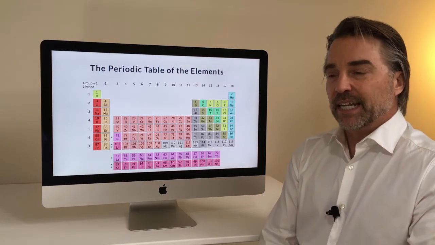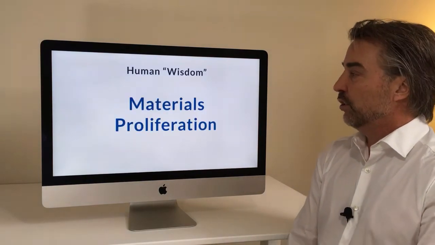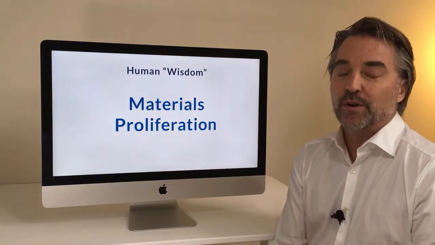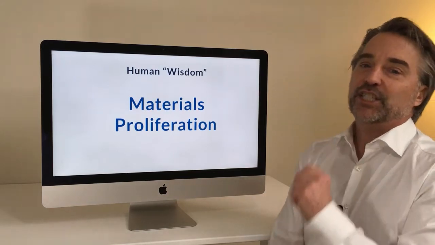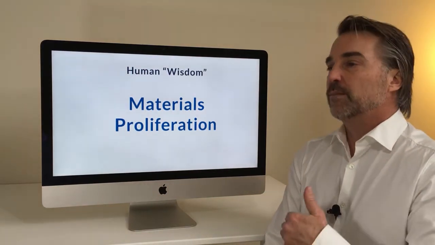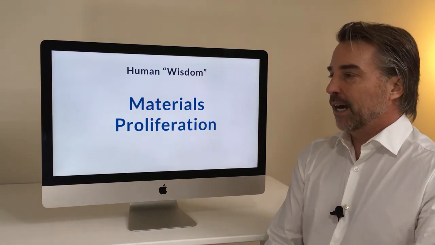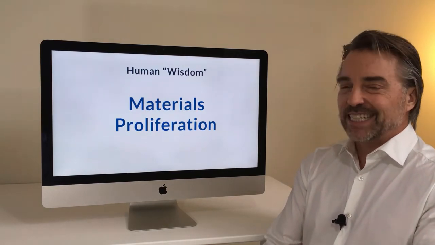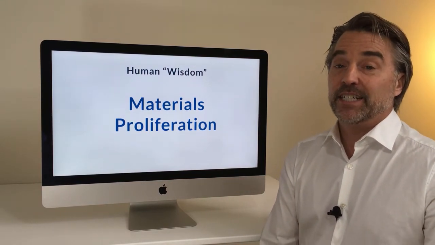And so instead of materials parsimony, what we've gotten since the Industrial Revolution is materials proliferation, right? We're not getting materials parsimony, but proliferation of constant new chemicals. I've seen estimates where thousands of new chemicals and new materials are synthesized every year.